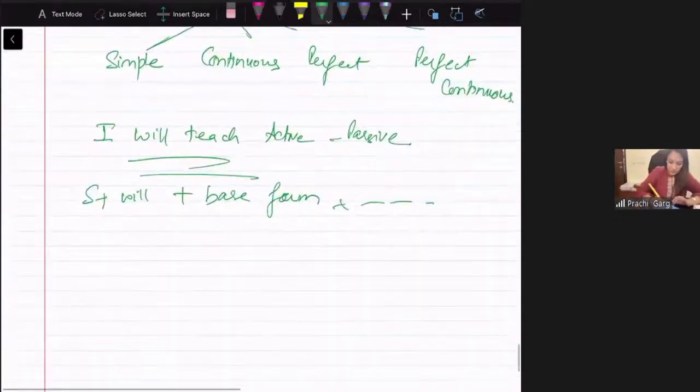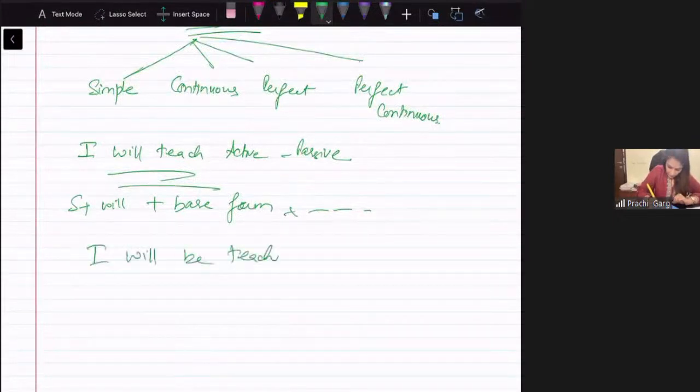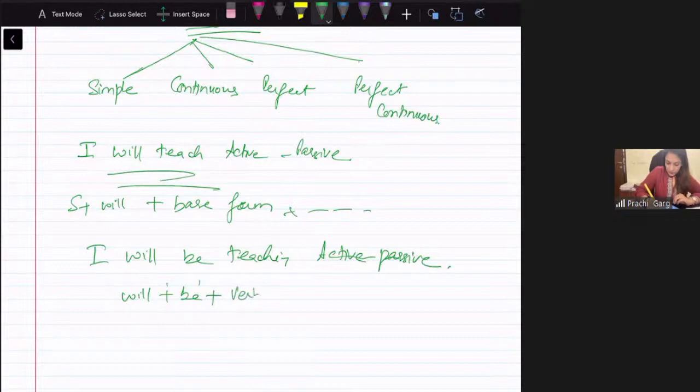Now let's talk about the continuous. In continuous, we will see: I will be teaching active passive. When I talk about the structure in continuous, I will add will plus be, which will remain the same, and the verb using ing.